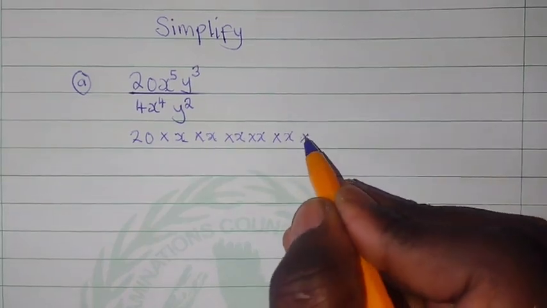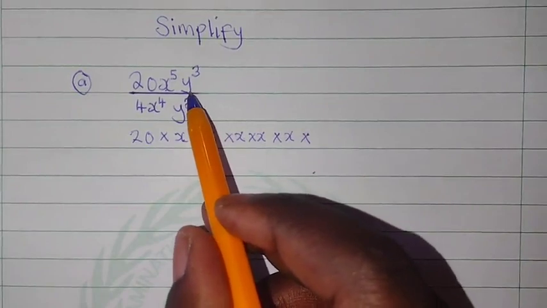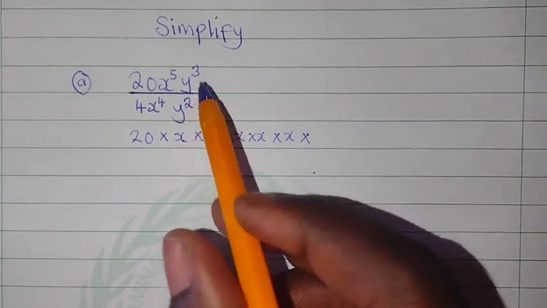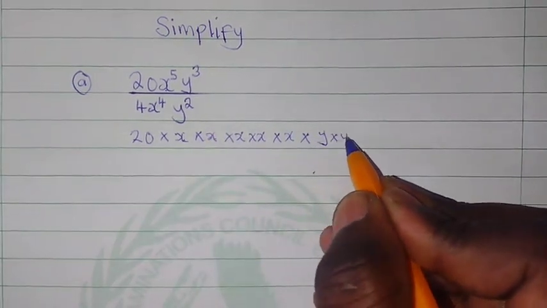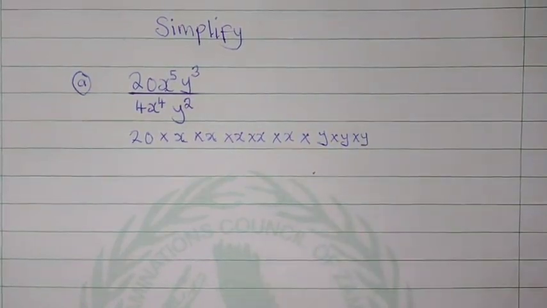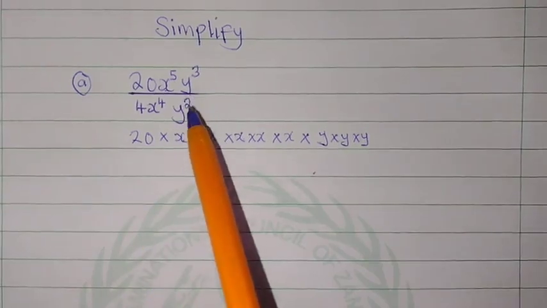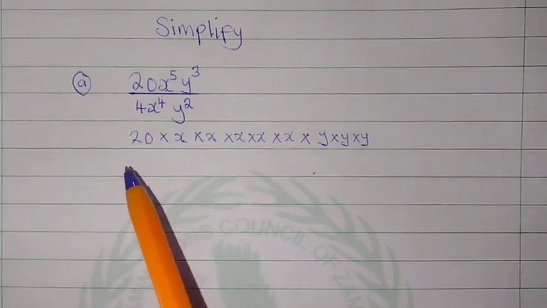Then we say times, we have y power 3, so it means the base y has been multiplied by itself 3 times. So we say times y times y times y. I'm using this method so that those who face challenges are able to see how we do the division here.